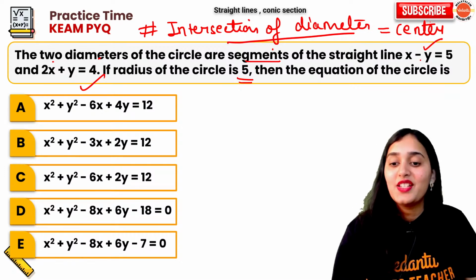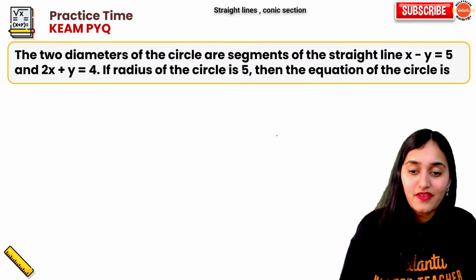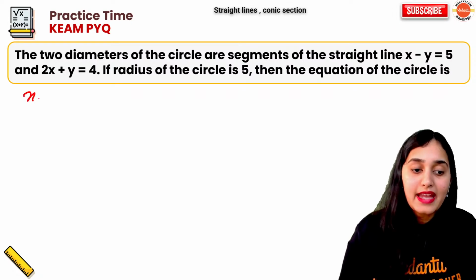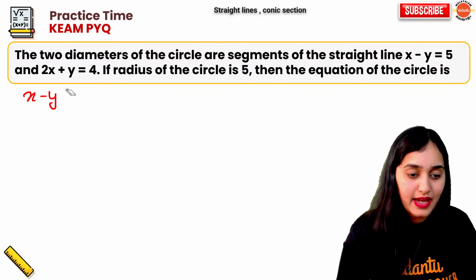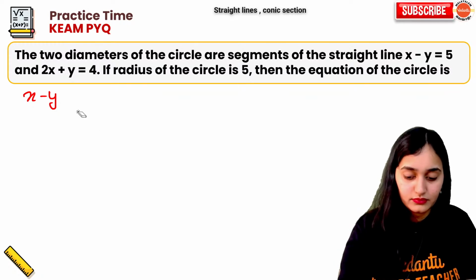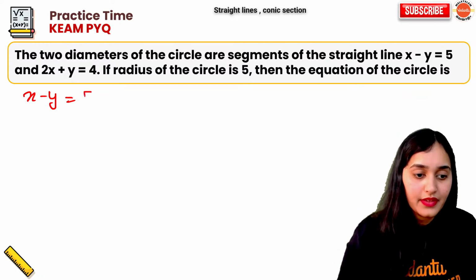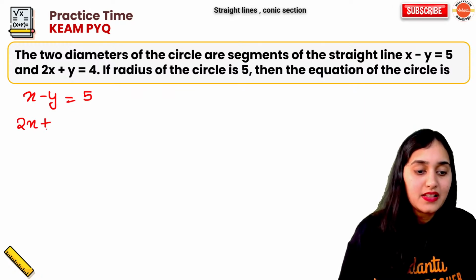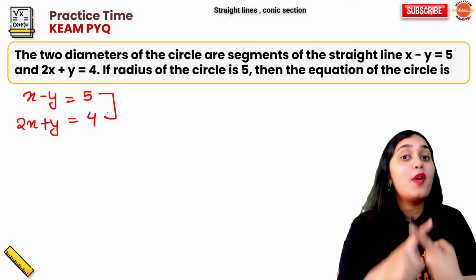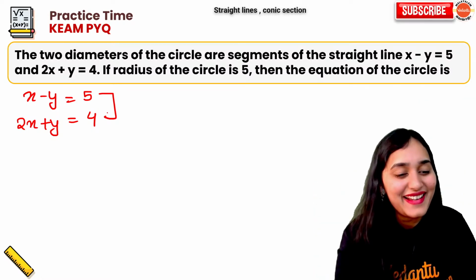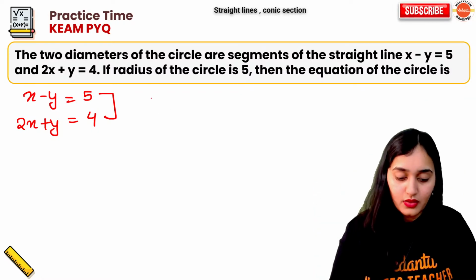Center. So, what we need to find? We need to find x minus y equal to 5 and 2x plus y equal to 4. What is the intersection point? That will give you the center, right? So, let's do that quickly.